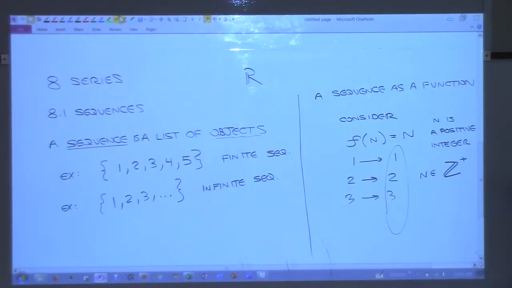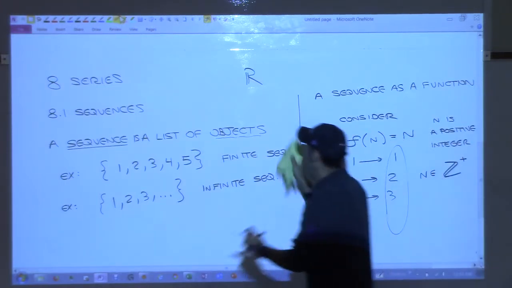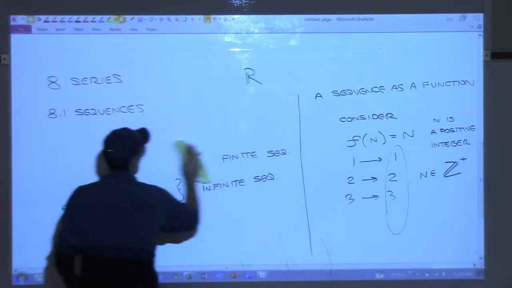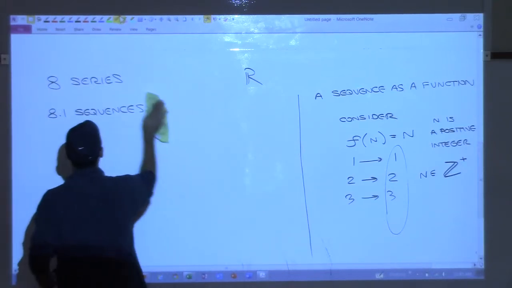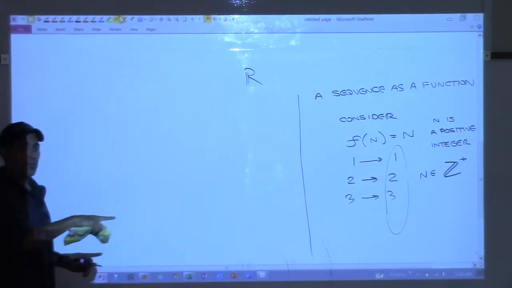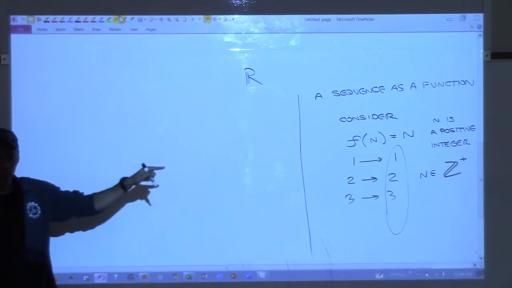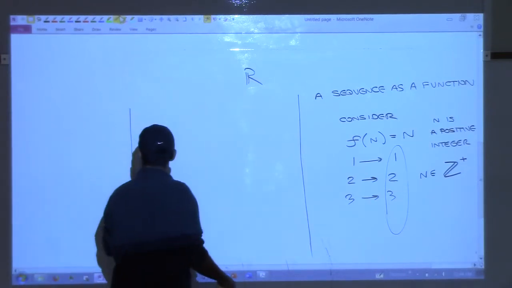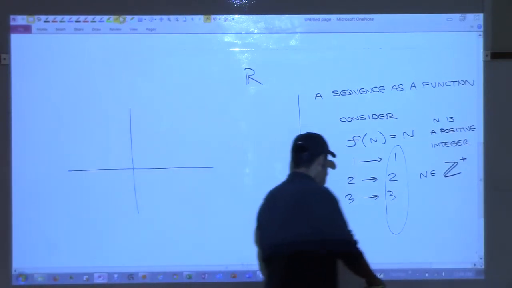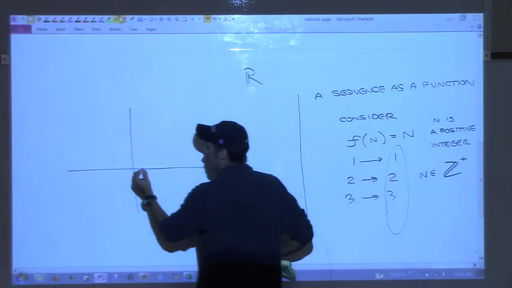Okay, so what I'm saying is this. I can erase this. If you were to compare the function x squared with the function n squared, visually, here's what we'd have. The function x squared would look like this.